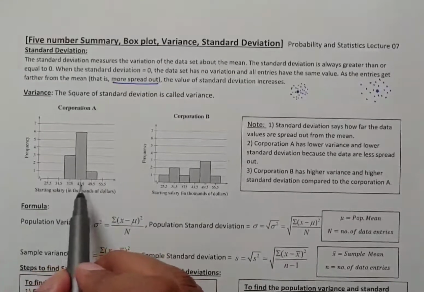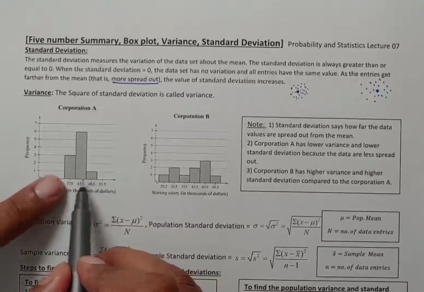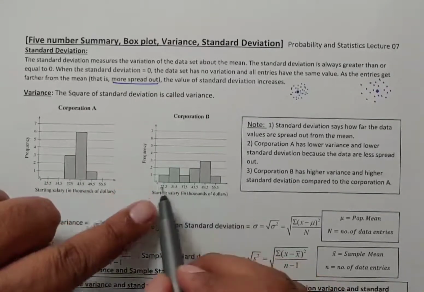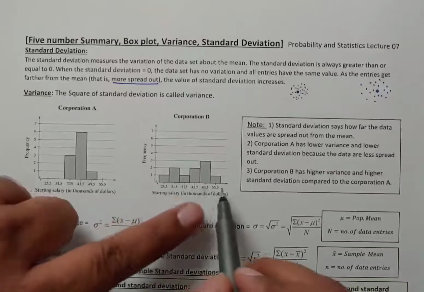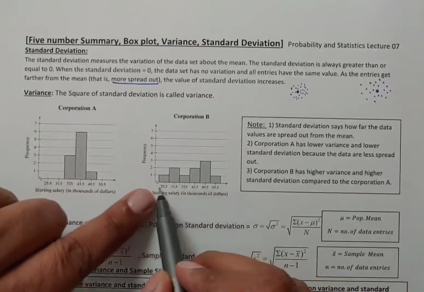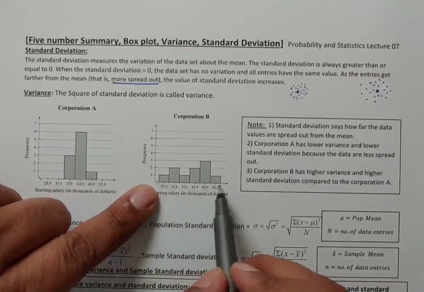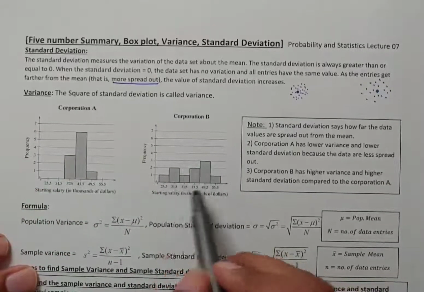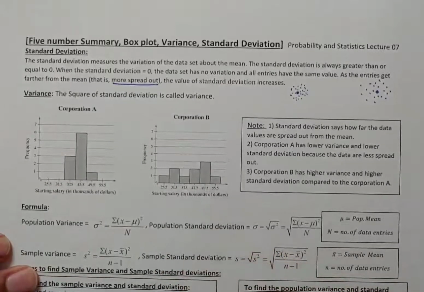So this has less variation and is more compact, but this has more spread. In corporation B, the starting salary runs from 25,000 to 60,000. So corporation B has the larger standard deviation.